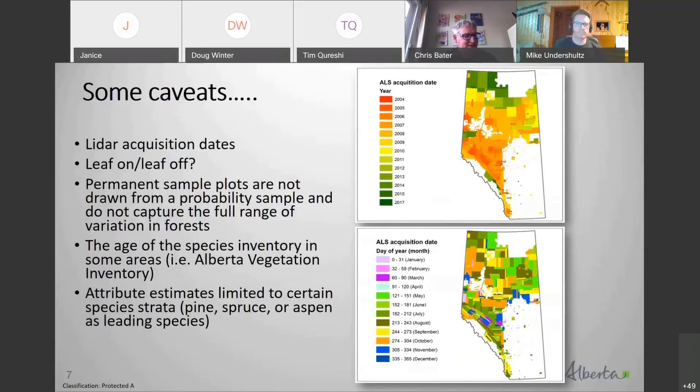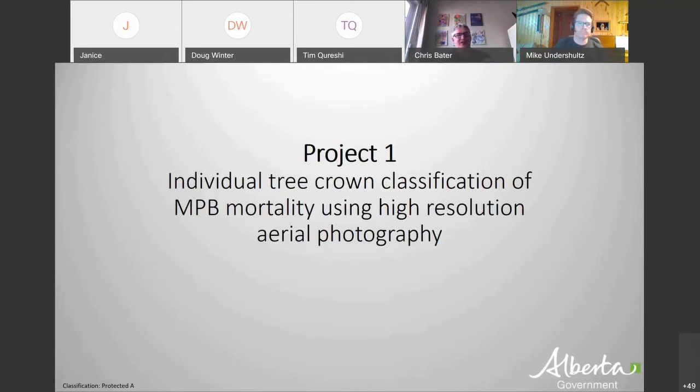Next slide, Mike. So our first project is related to mapping. If I'm not careful, I'll probably use the acronym ITC, and what I mean by that is individual tree crown classification.